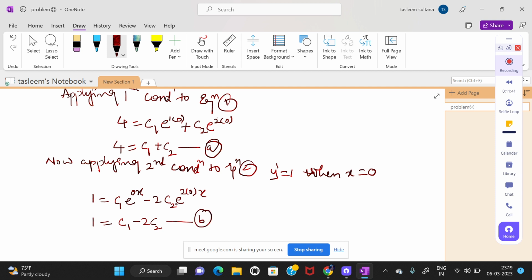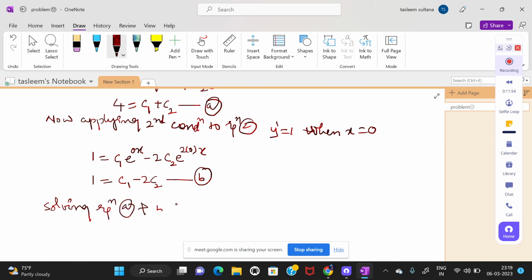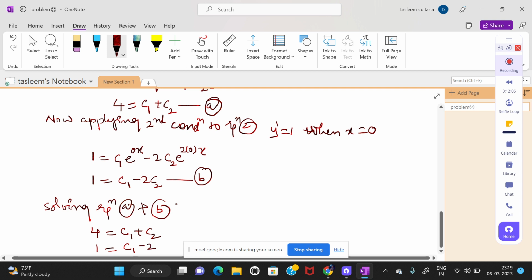Now we are going to solve A and B for the constant values. 4 equals C1 plus C2, and 1 equals C1 minus 2 C2.